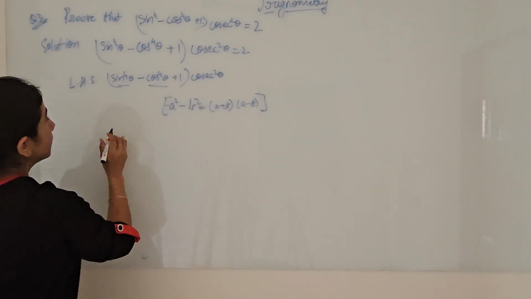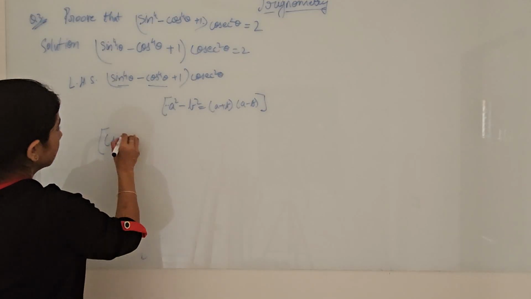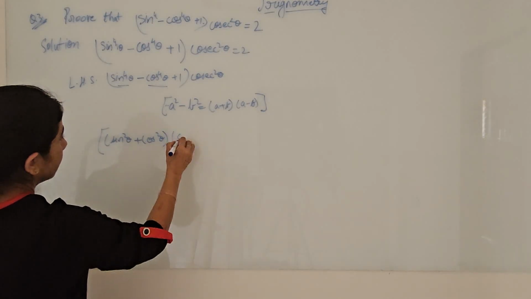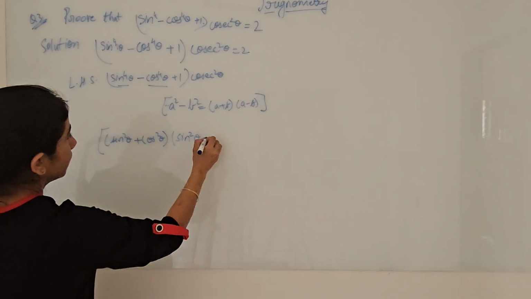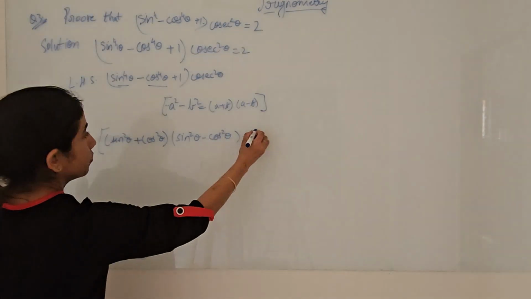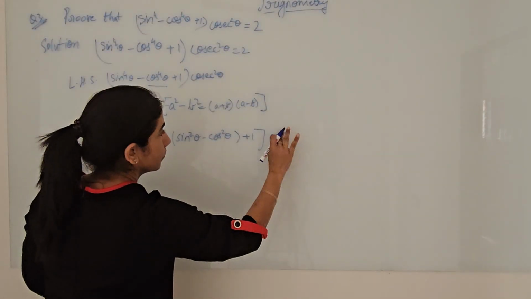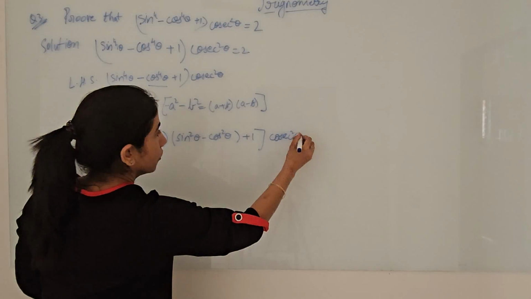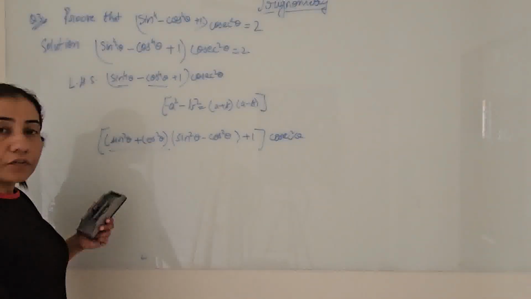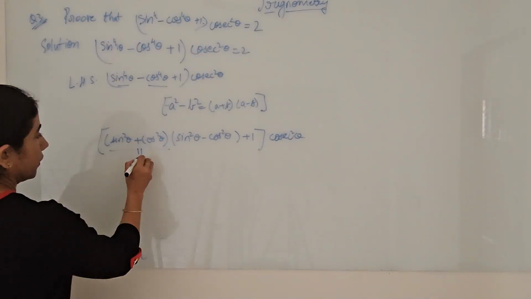So applying this identity, I got sin^2 theta plus cos^2 theta, and in another bracket sin^2 theta minus cos^2 theta plus 1, and this cosec^2 theta as it is. Now this term, as we know, a very common identity of trigonometry, is equal to 1.